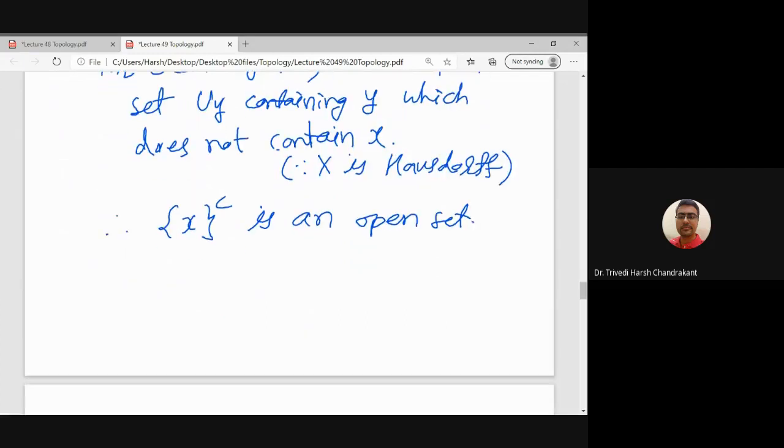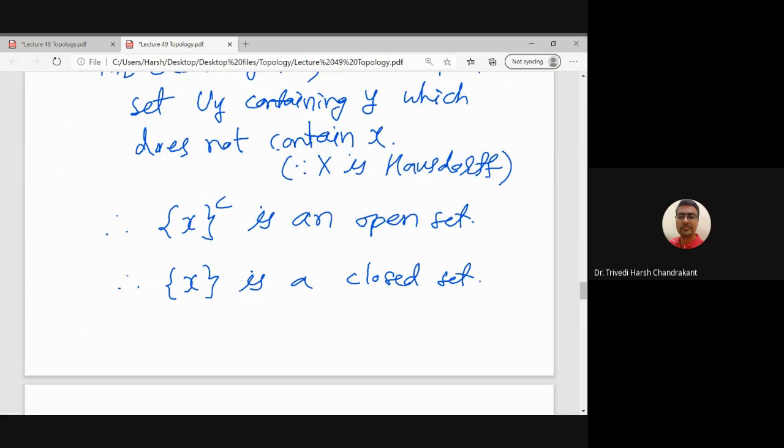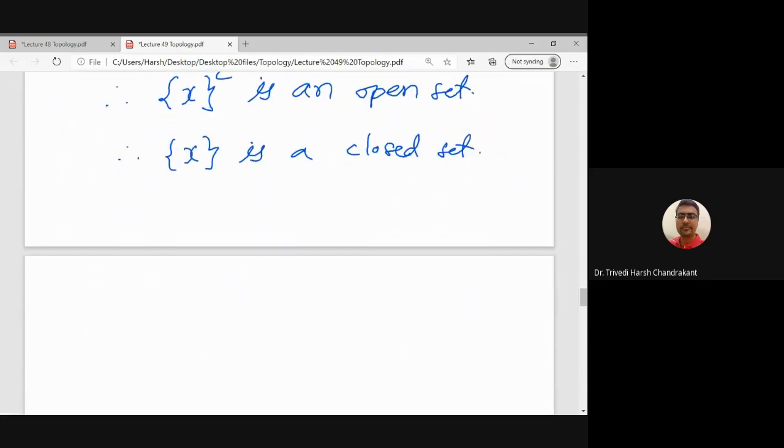And since the complement of the set is an open set, therefore the set itself is a closed set. So this is basically the proof that in a Hausdorff space every singleton set is always a closed set.